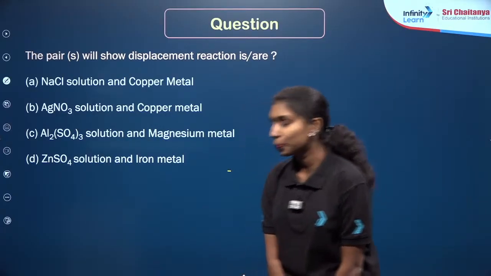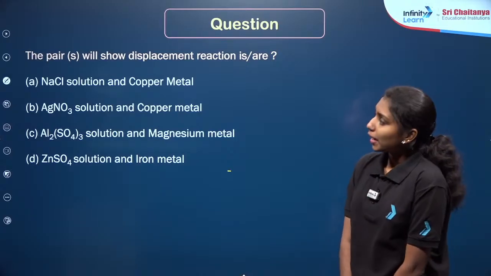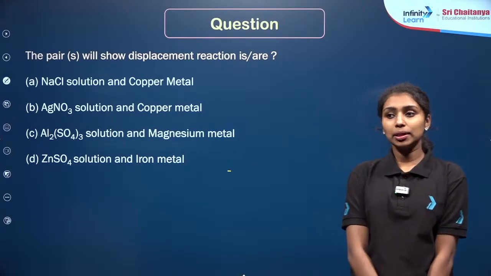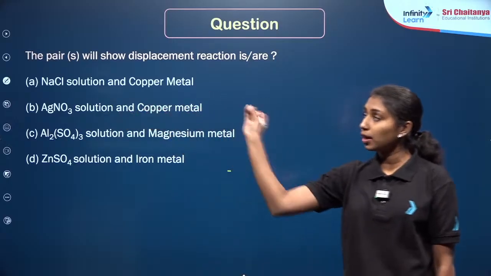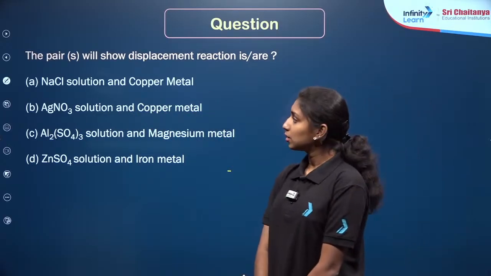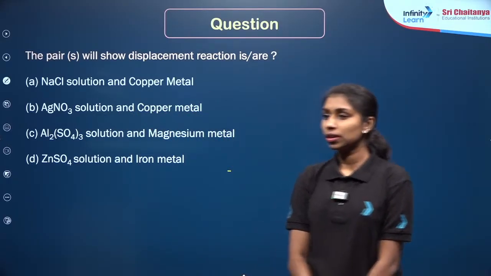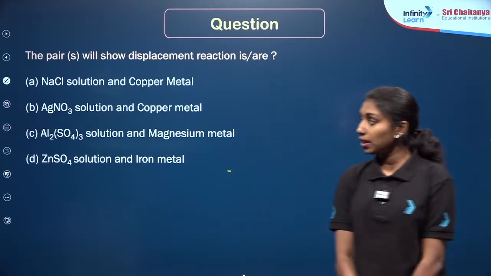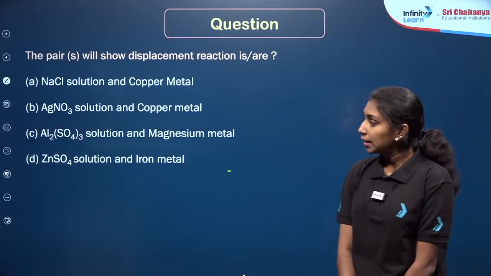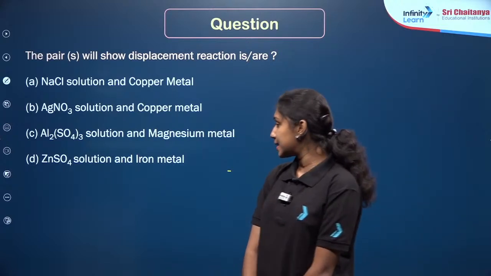Option D, right? Read the options carefully. You may get more than one answer here. That's why the question is asking about pair or pairs. First option is NaCl solution with copper metal. Second one, AgNO3 solution with copper metal. Third one, aluminium sulfate solution with magnesium metal.